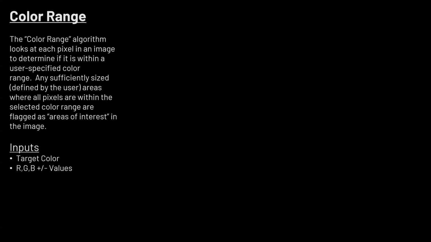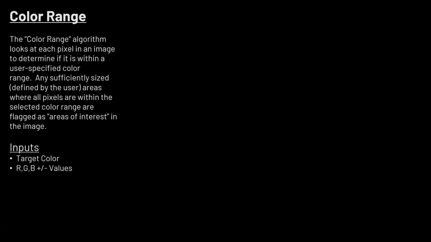Looking at the input variables or parameters for the color range algorithm, we have our base target color, which is the, hey, this is the perfect match color. And then we have the RGB, which are the red, green, and blue plus or minus values for the channels. And that's what defines that color range for us.